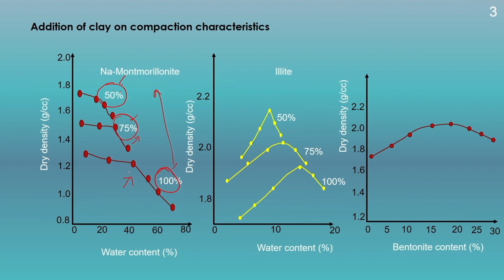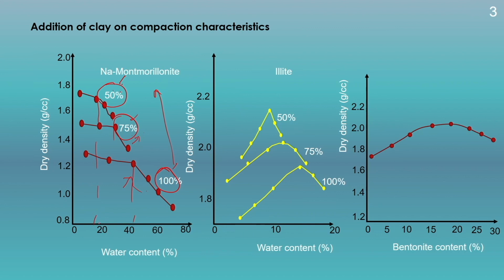With decrease in the montmorillonite content, the maximum dry density of the soil is increasing, and also with decrease in the montmorillonite content, the OMC of the soil is decreasing.